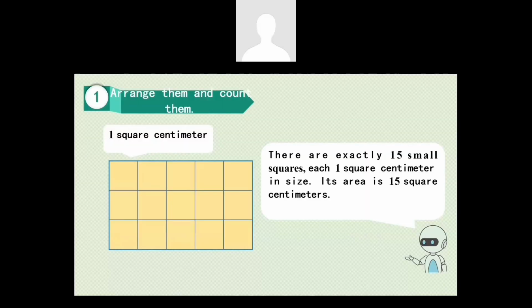So it's 5 times 3 equals 15 unit squares. Each unit square is 1 square centimeter. So the area is 15 square centimeters. Yes, very clear.